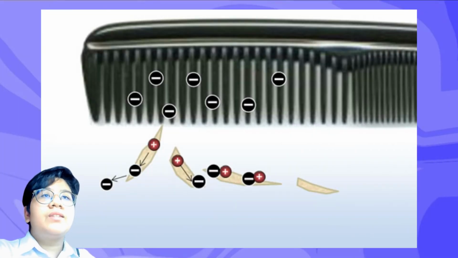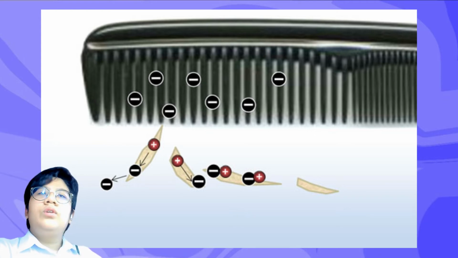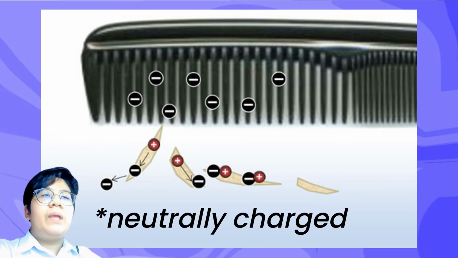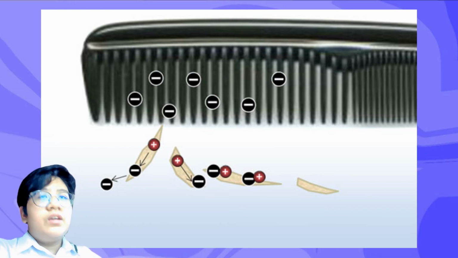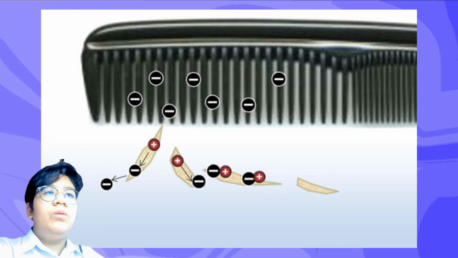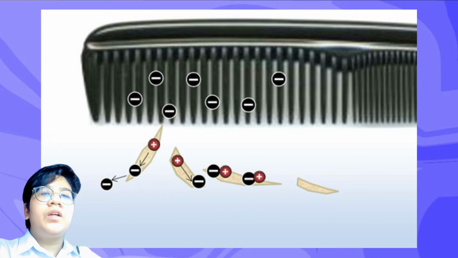The same happens with paper and a comb that has been run through someone's hair. The comb becomes negatively charged due to transfer of negative charges from the hair to the comb. The pieces of paper will experience polarization, making the positive charges closer to the negative charges of the comb and the negative charges of the paper farther away.